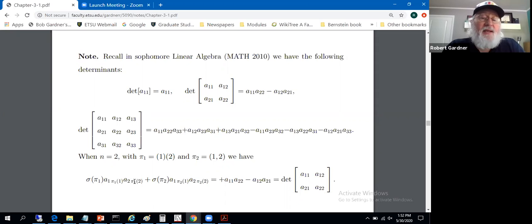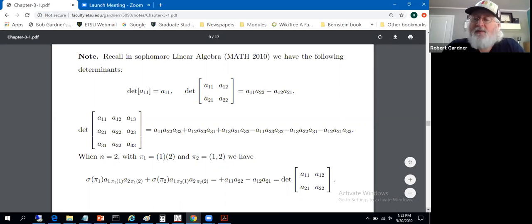So how many of these little things are we going to have added together? One for every element of the permutation group. The permutation group S sub n has n factorial entries. Okay, that's a bunch. So we'll have a bunch of these things added together as you have when you calculate determinants.